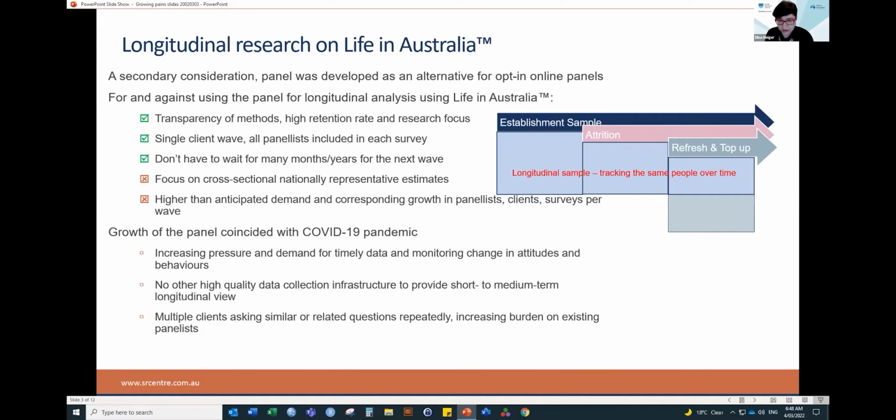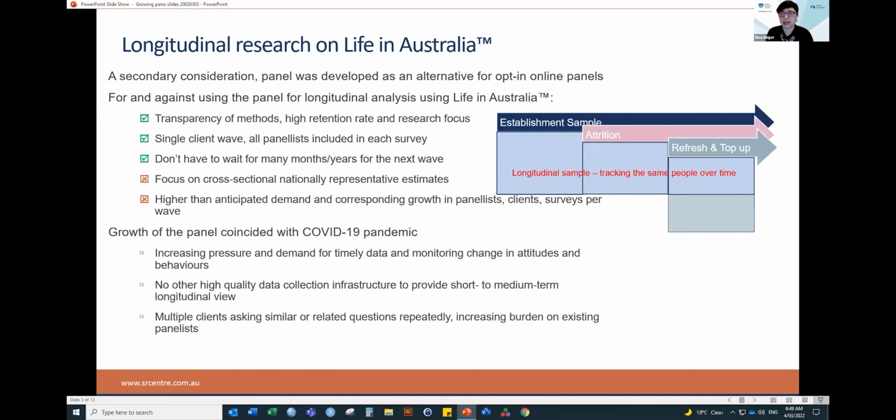However, what happened with the COVID-19 pandemic is increased pressure for much more timely data, and also for tracking how the same people have changed their attitudes and their behaviors before, throughout, and after the pandemic. And Life in Australia is the only online probability panel in Australia, and really we didn't have other alternatives for researchers to be able to do this research. At the same time, all our normal clients who use the panel for cross-sectional research also wanted to know about COVID.